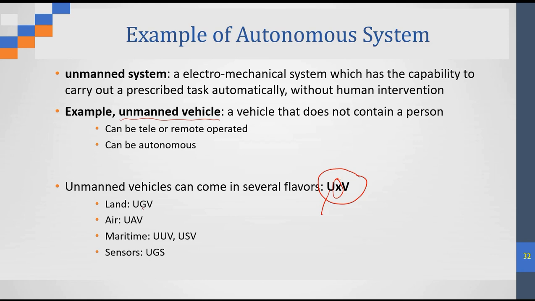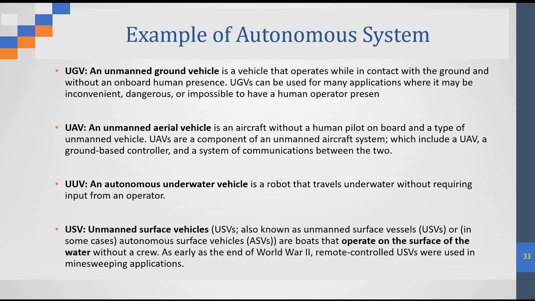So we have ground vehicles, and aerial vehicles or air vehicles, and we also have marine vehicles and sensors. Maybe there are some photos here with more explanation of what is meant by UGV, and then UAV, and then UUV.